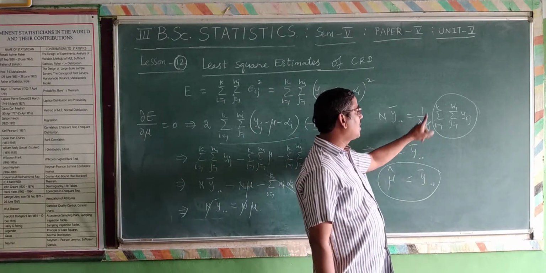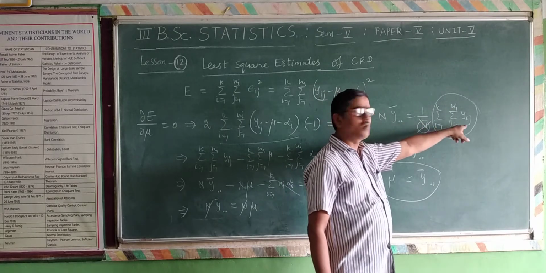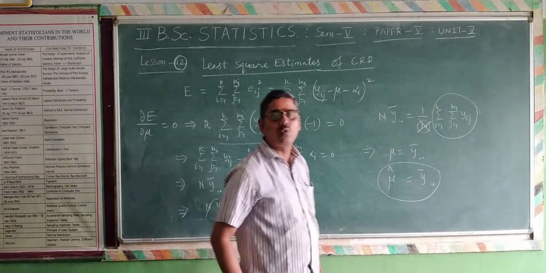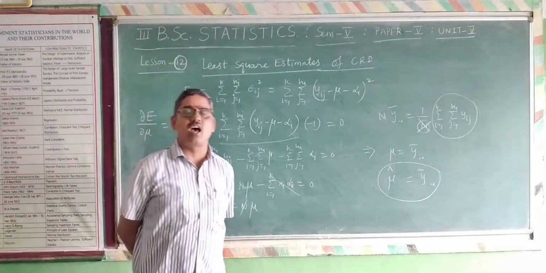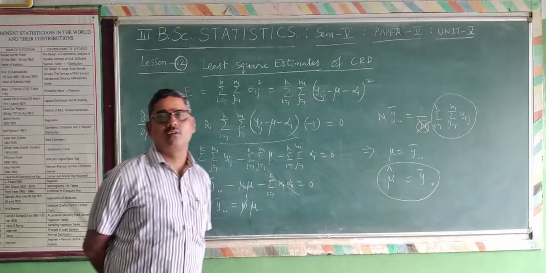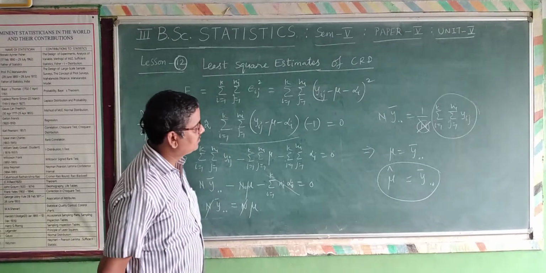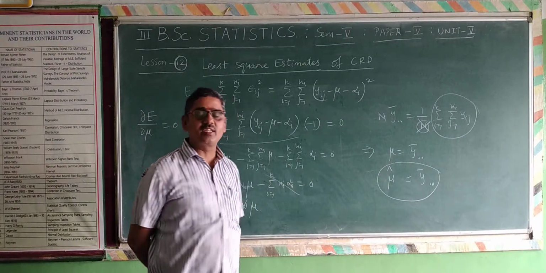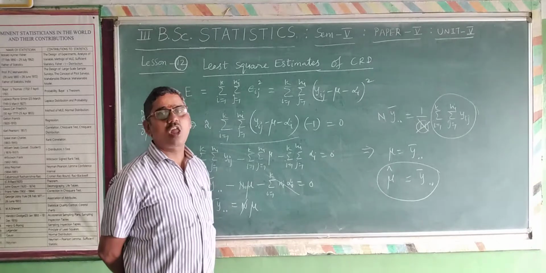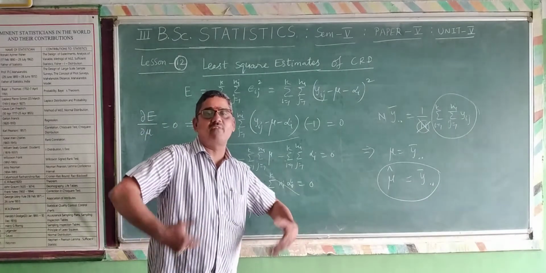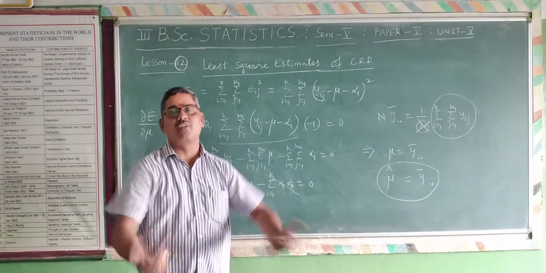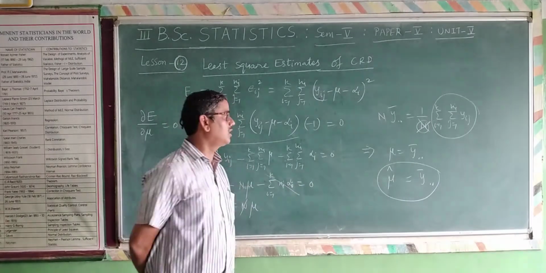It is 1 by capital N summation i equals 1 to k, summation j equals 1 to n_i, y_ij. That is the overall mean, overall yield, average. So mu is going to be estimated by the overall mean, that is, the average yield of all the observations, right?